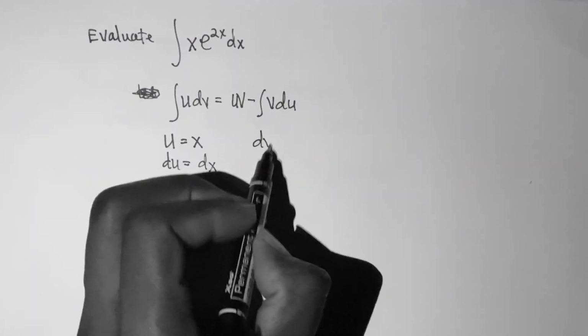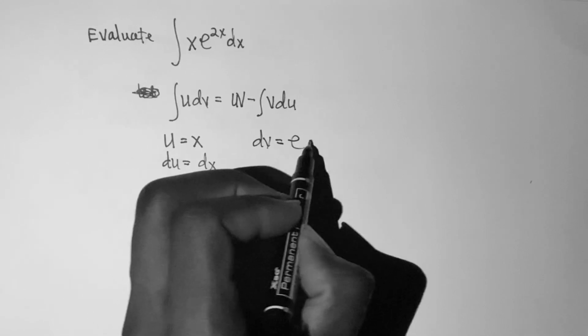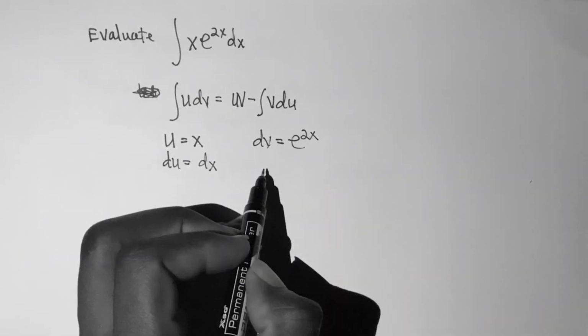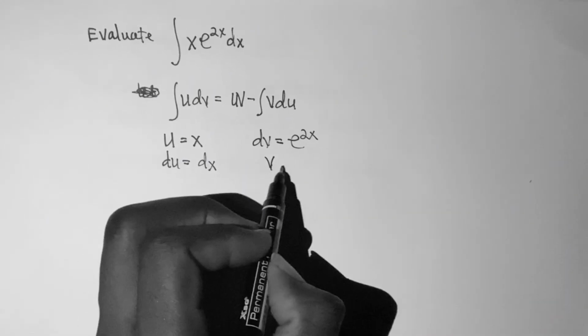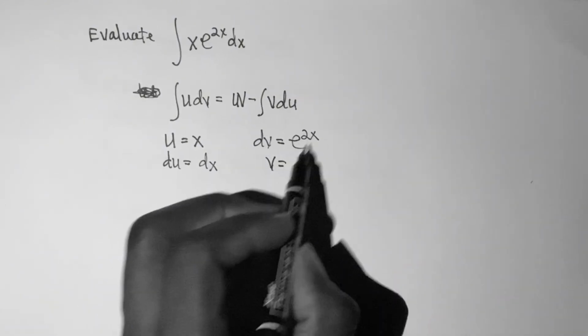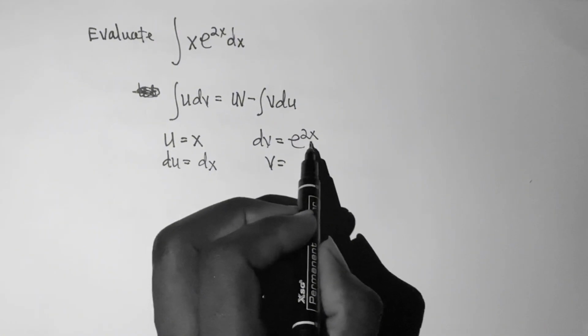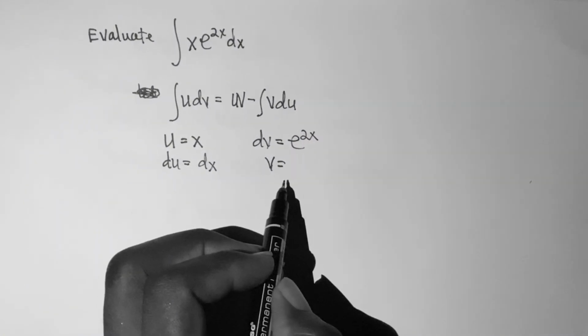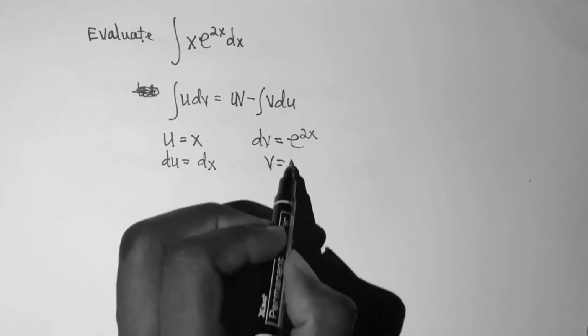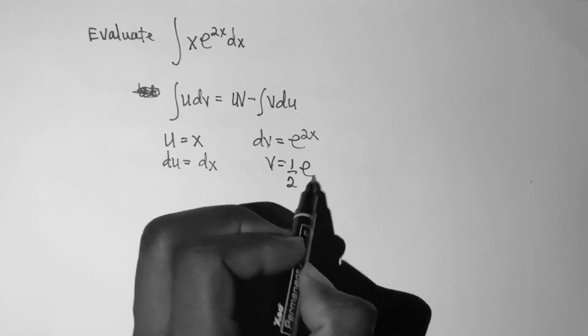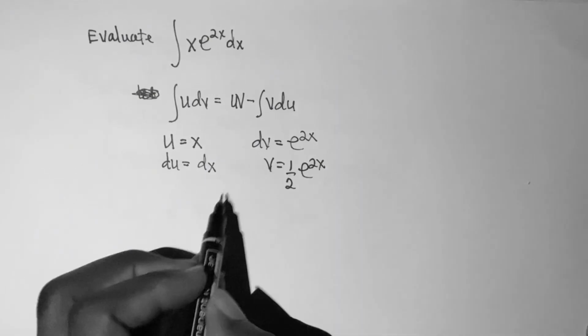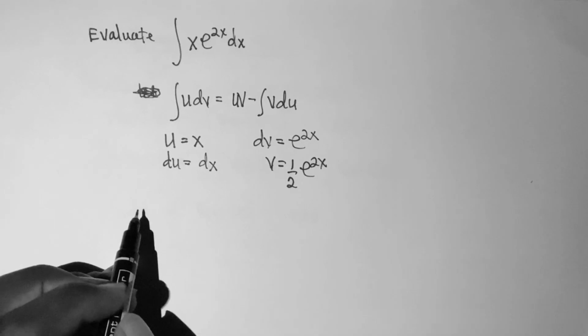And then let's let dv be equal to exponent 2x. So v in this case is equal to, now you first differentiate what is in the exponent. So if you differentiate 2x, it is 2. So 1 divided by 2 exponent 2x. So that is v. Then we can put it in this formula.